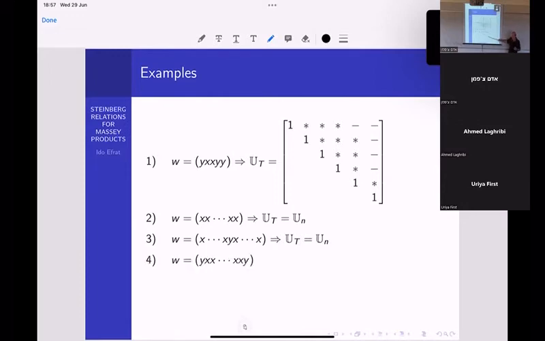The second situation, due to Wickelgren, is that when you take y and y on the sides, and in the middle you have x's, the only way to take the whole word is that you are in the upper right corner. So you only delete the upper right corner, right? So what you get is UN bar. So these are some examples.